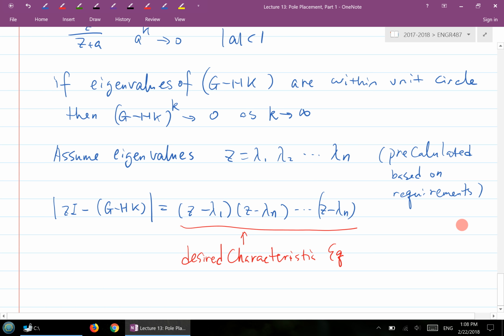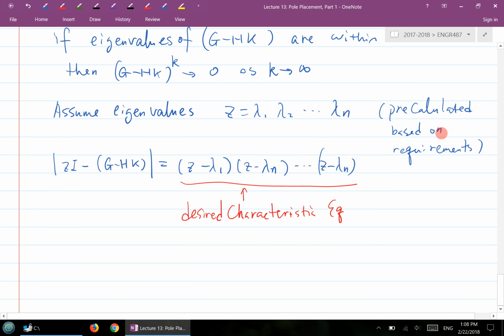Good. So now let's dig into the details of this pole placement. The objective now is, how to find this K matrix. Usually it's based on some kind of user specifications.